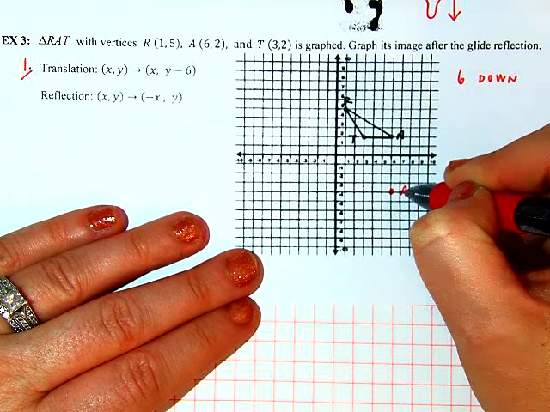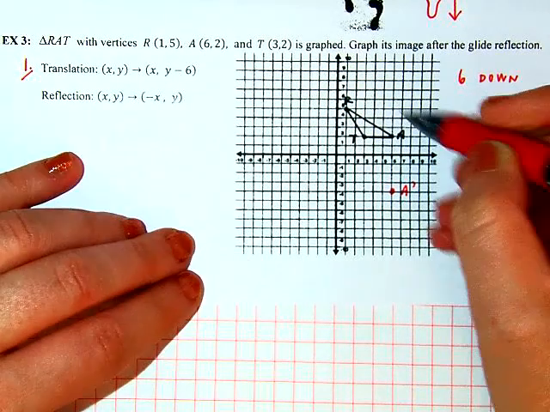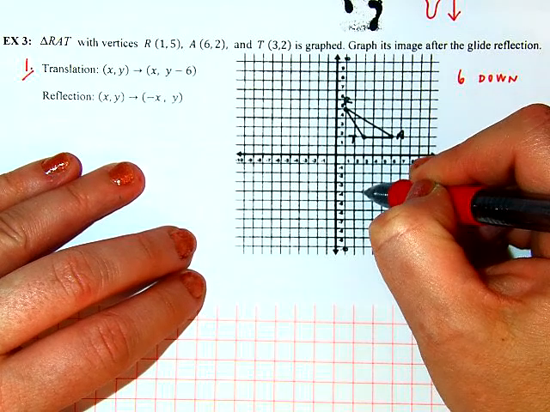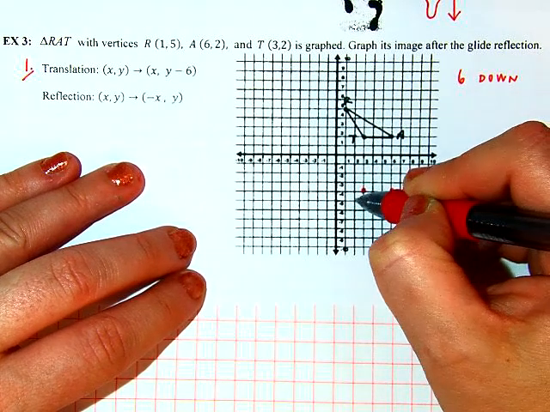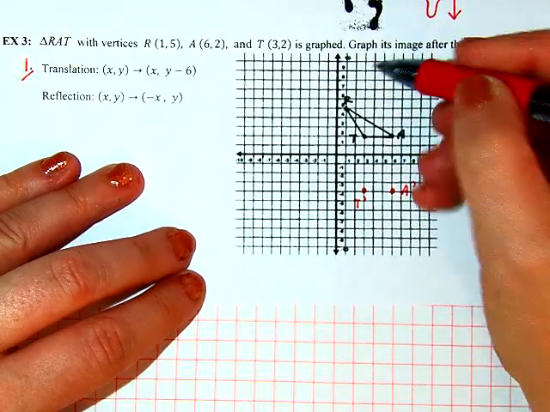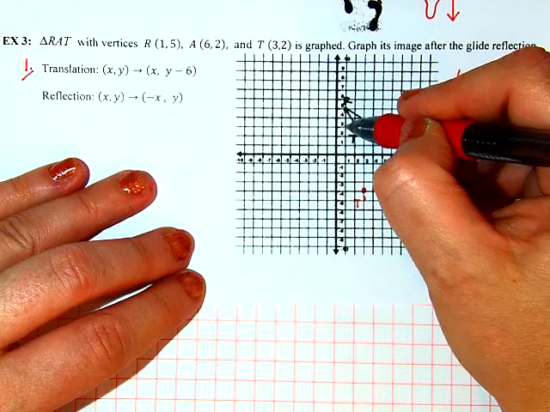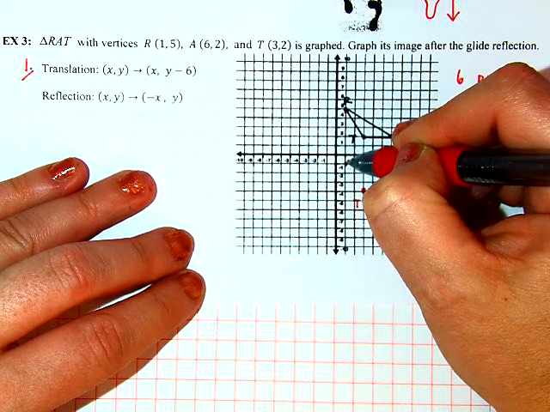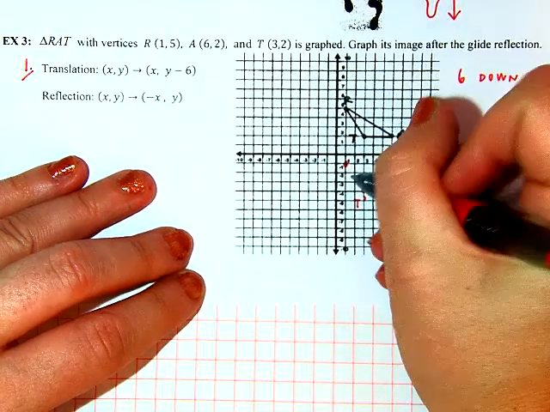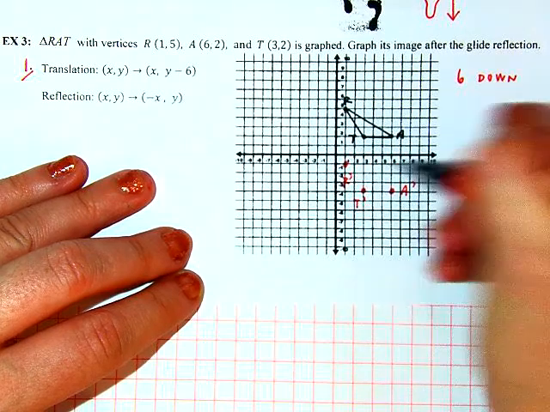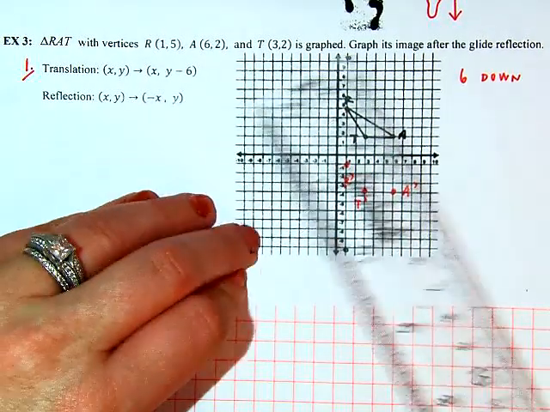Here's my A prime. T is going to come down and join it. Here's my T prime. And then R, 1, 2, 3, 4, 5, and 6. So here's my R prime. Let me connect my dots.